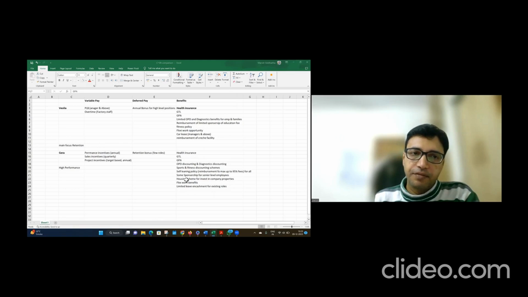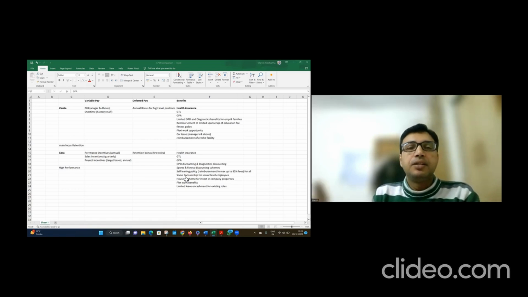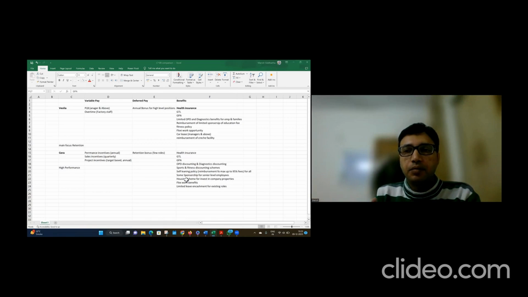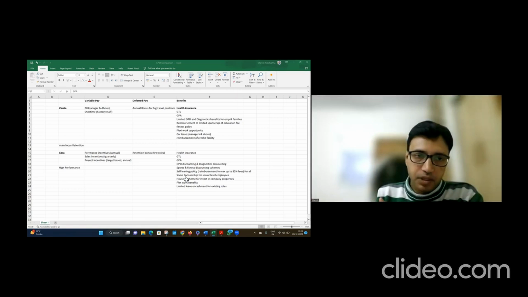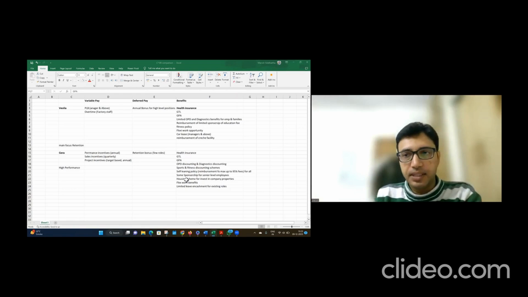So we don't have much problem in attracting talent, because there are a few very niche profiles that we hire, like chemical engineers, some mechanical engineers, and some electrical engineers. Some people who are already working in the water and waste water industry would like to work for Veolia because it is one of the market leaders.